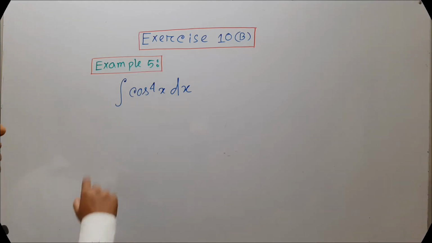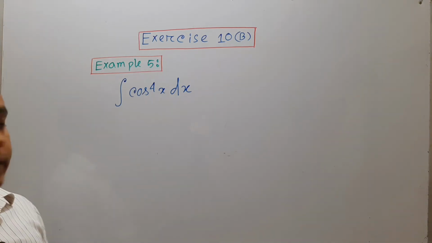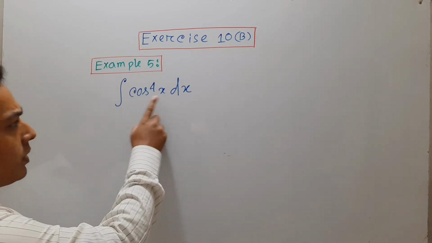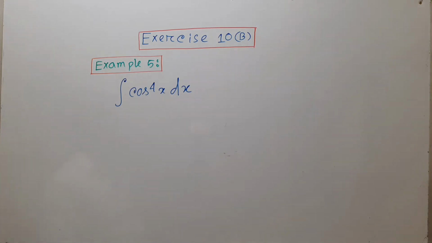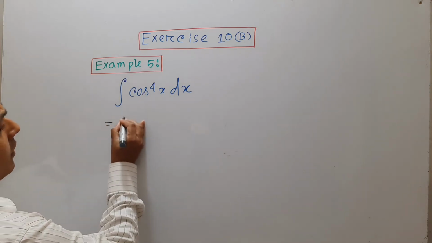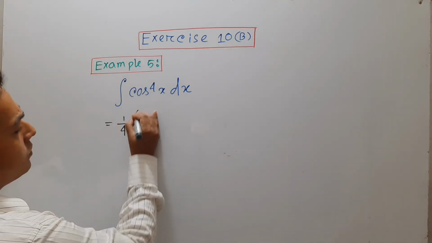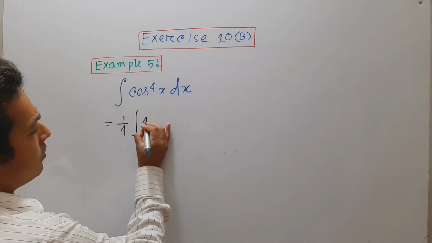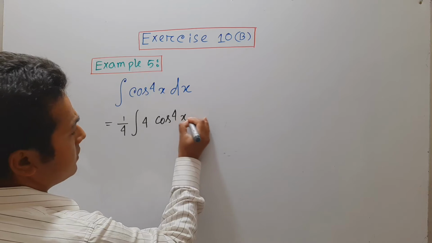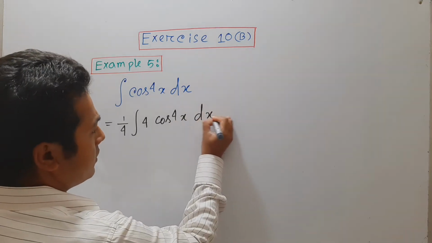Now example 5 of exercise 10b, integration of cos to the power 4 x dx. Okay, now we can write 1 by 4 into 4 cos to the power 4 x dx.